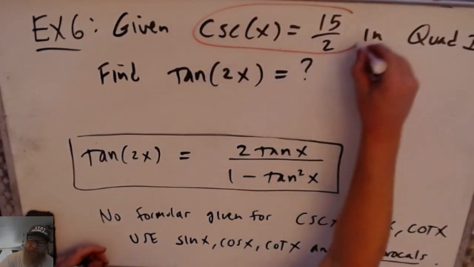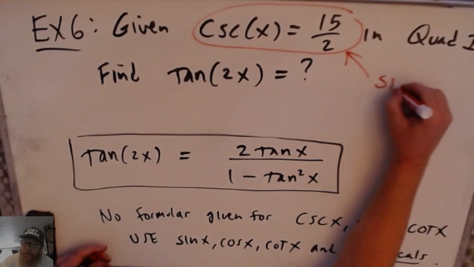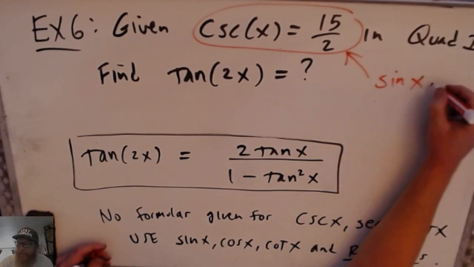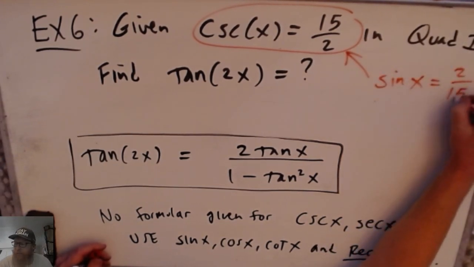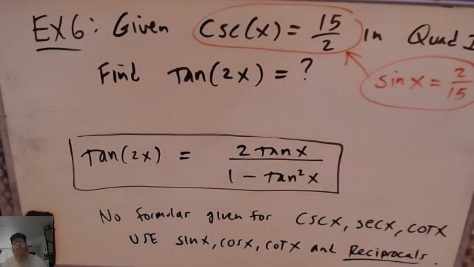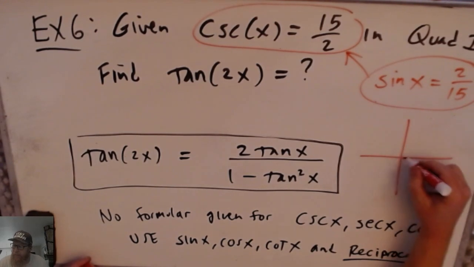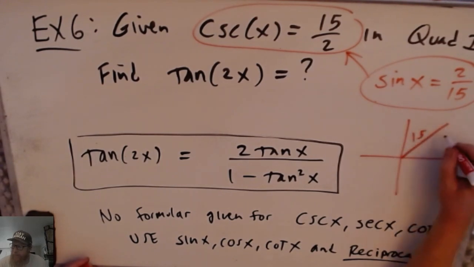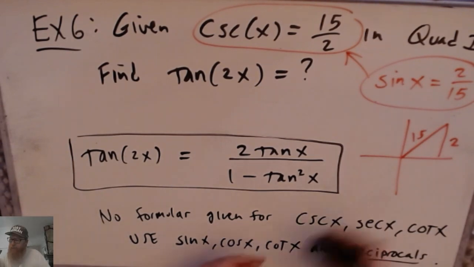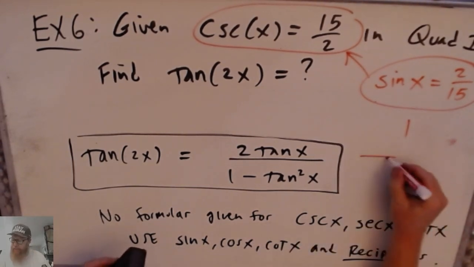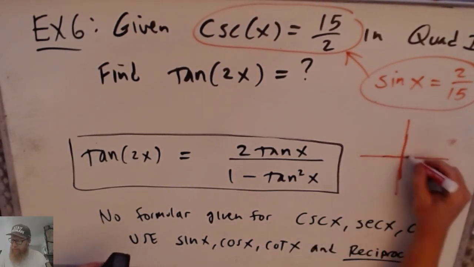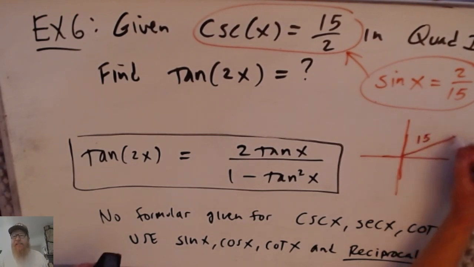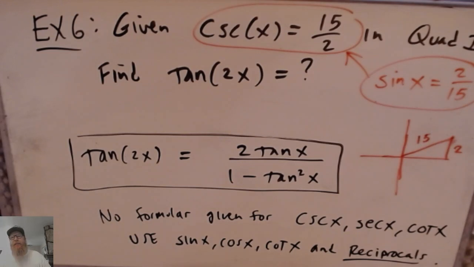So I gave you cosecant, so you have sine is the reciprocal. You're in quadrant 1. Maybe I'll draw my picture a little bit more realistic. 15 is the hypotenuse and 2 is the opposite.